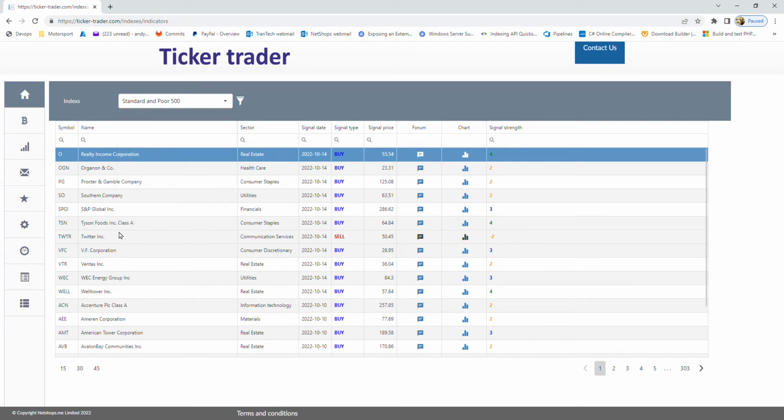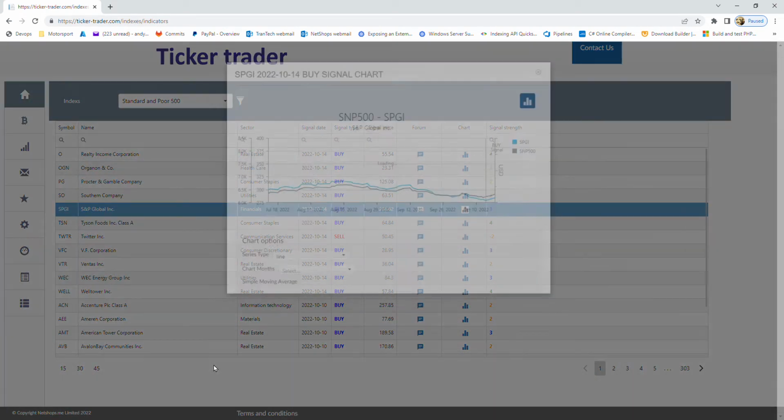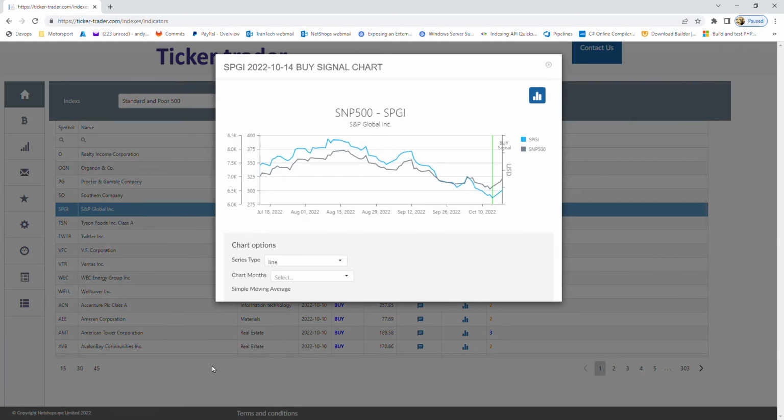So when you click one of these, you're going to see a chart, and the chart is going to give you the indicator line here. So it's green, this is a buy indicator, it tells you here, buy signal. It's going to tell you the date the signal was generated, and it's going to give you a chart of the stock price. So blue, here's our stock price for S&P Global Incorporated.